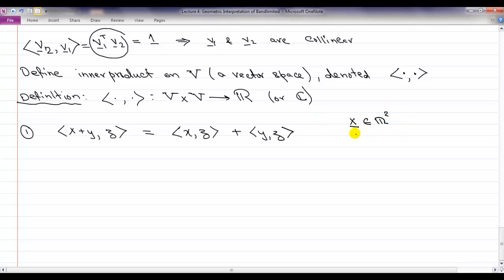Then the inner product of X plus Y with Z should be equal to the inner product of X and Z plus the inner product of Y and Z. And indeed, that is the case. You can verify that Z transpose (X plus Y), we know from our linear algebra, is simply equal to Z transpose X plus Z transpose Y.